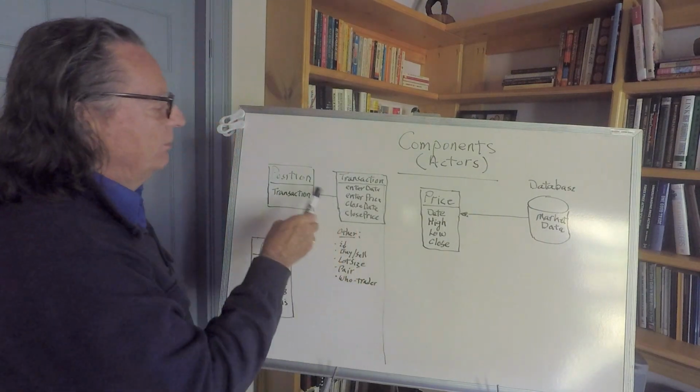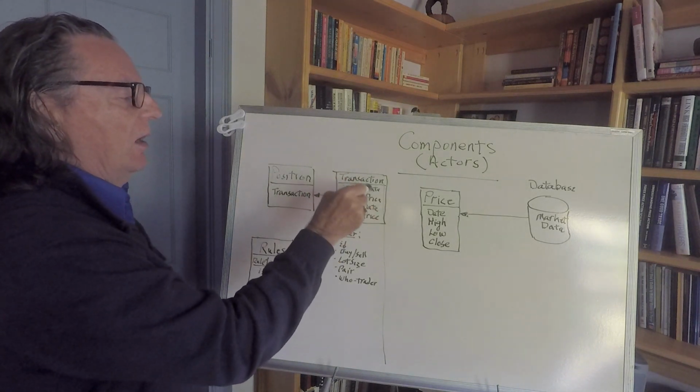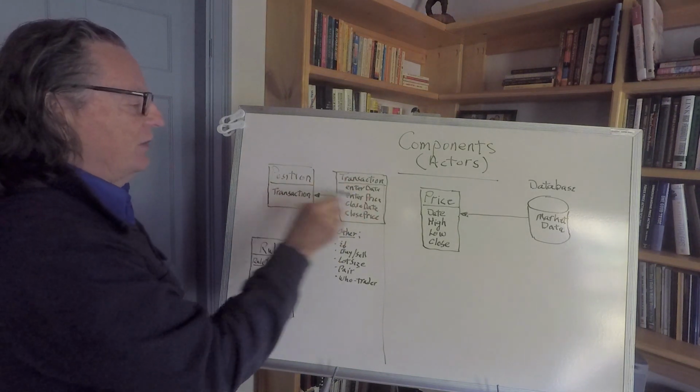All right? It's just a way of looking at the components of the application and how you put this stuff together. So we're going to create a position object, and all it's going to have on it are a bunch of transactions.